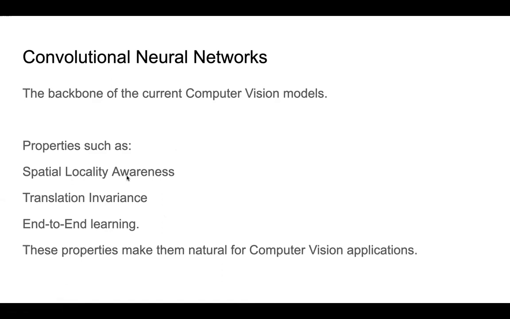And the other thing that lends these convolutional neural networks very well to the task of computer vision is that they are end-to-end learners. We don't have to do some hand engineering in these models. So as I said, these properties make them very natural for computer vision applications.